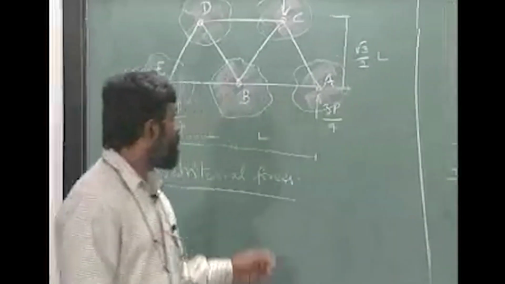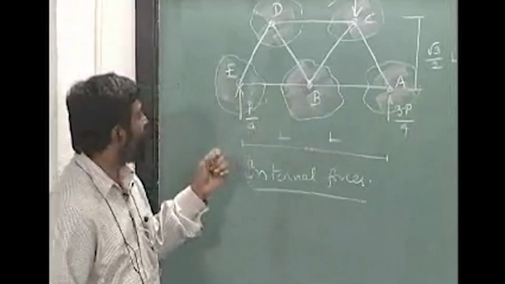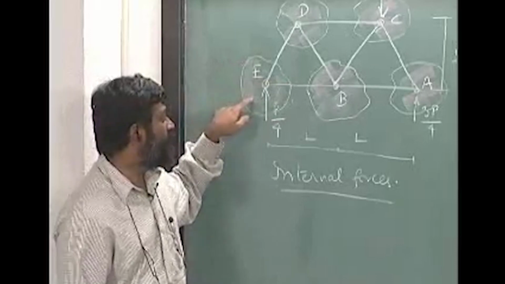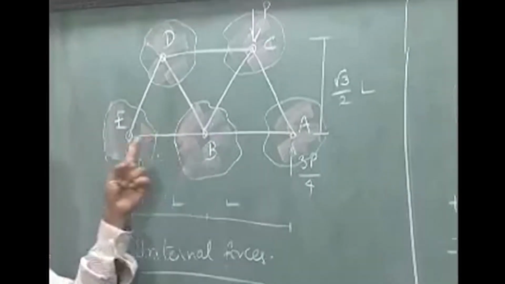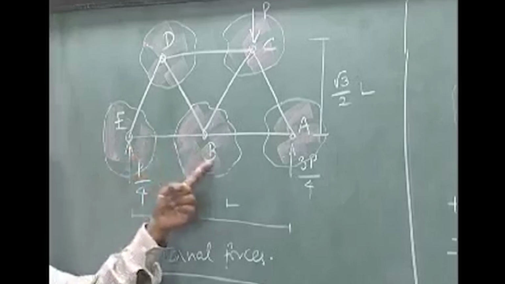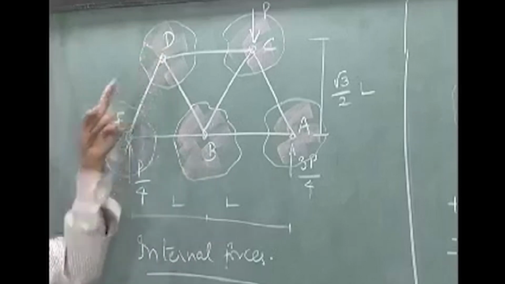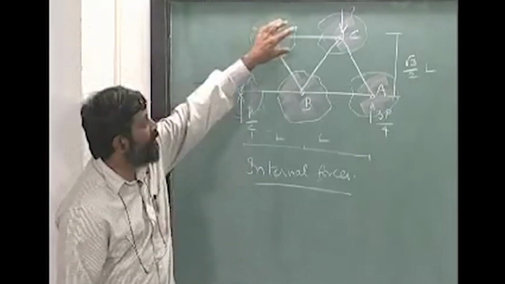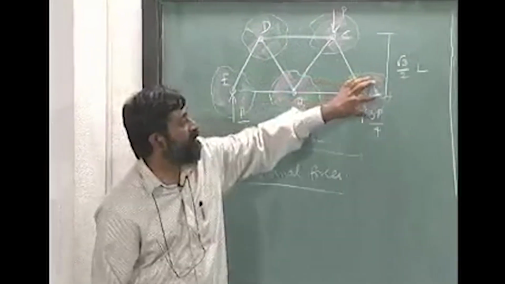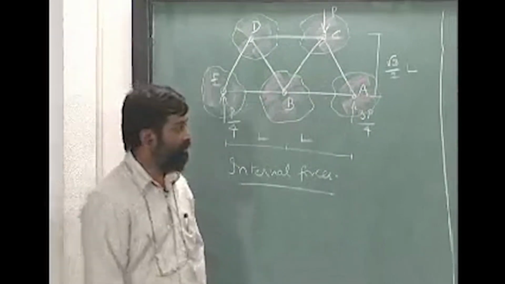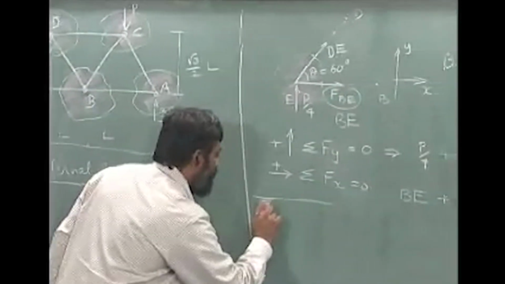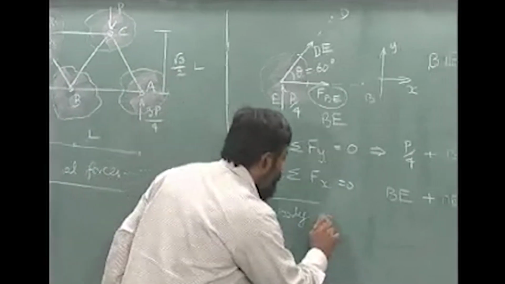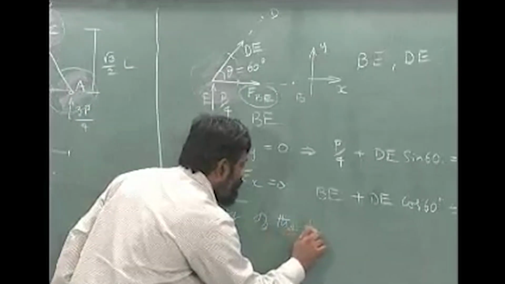Okay. Going back to this, we looked at this free body, and from this free body it was possible to find out what is the force acting on this particular member BE and the member DE, right. Similarly, I can do it for each one of these free bodies. Okay. So, I have free bodies now of each of the joints.